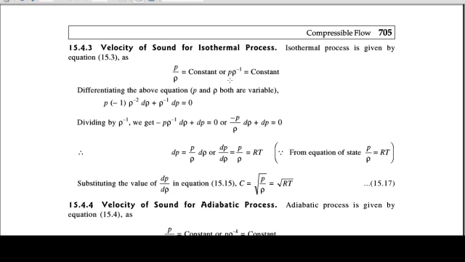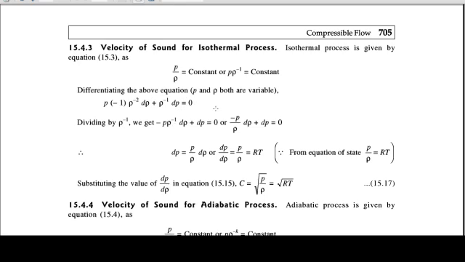Okay, so P into density raised to minus 1 is equal to constant. Then differentiating this term, we will get P into minus 1 rho raised to minus 2 d rho plus rho raised to minus 1 dP is equal to 0.